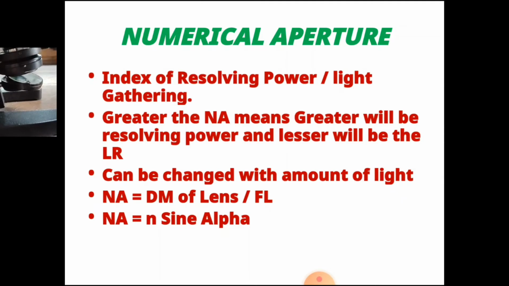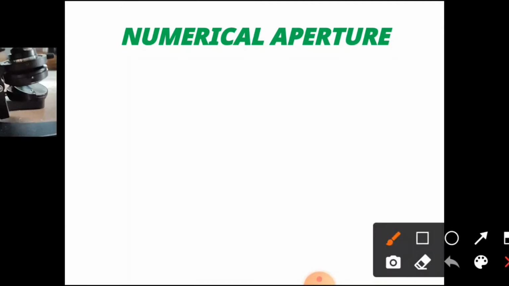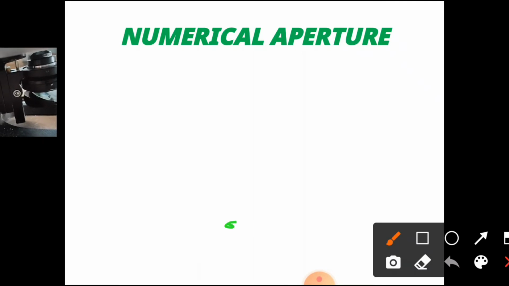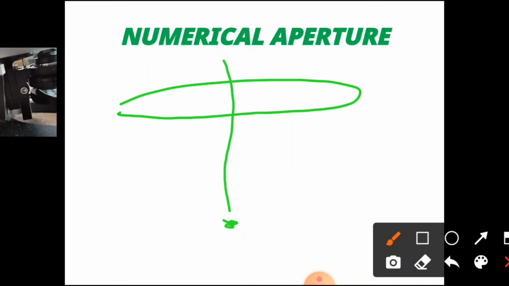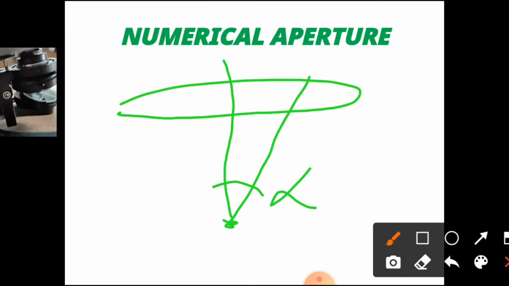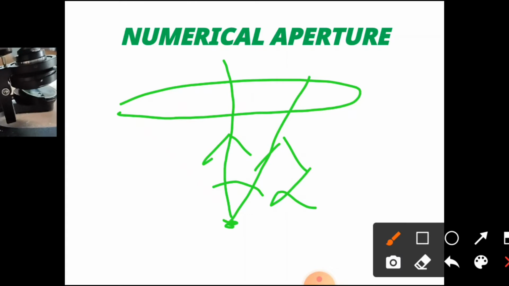Numerical aperture can also be expressed as n sin alpha, where n is the refractive index. Suppose this one is the object and this one is the objective lens, and this angle is alpha, the angle subtended by the object to the lens.